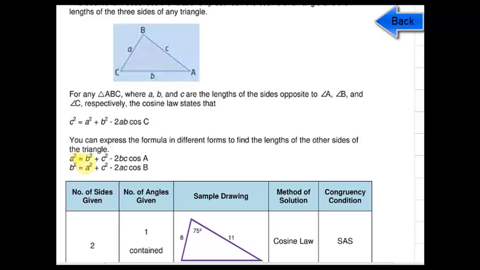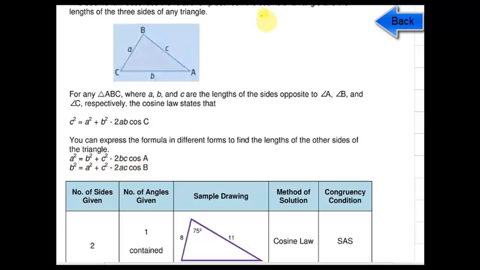If I'm looking for A squared, then I would go B squared plus C squared, the other two sides squared, minus 2 times B times C, cos of A, and A being the angle opposite the side that I'm looking for. And then if I wanted B squared, I would go A squared plus C squared minus 2AC cos of B. So the two sides squared that are not B, minus 2 times A times C, and then cos of B.